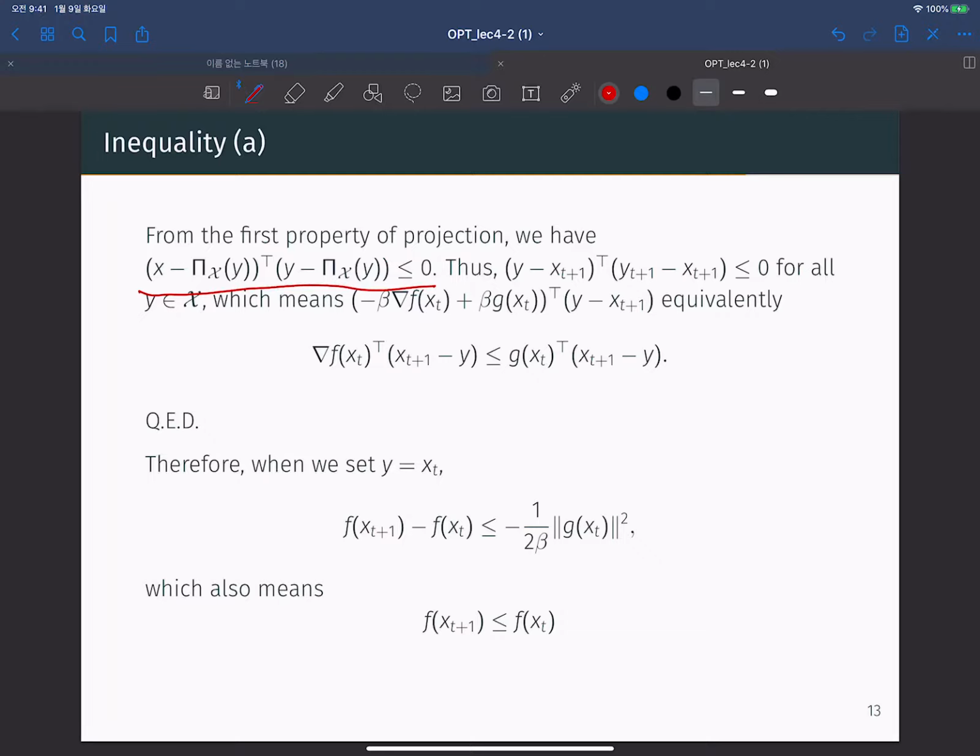Since x_{t+1} is equal to the projection onto X of y_{t+1}, using this first property of projection, we have this for all y in your constraint set X. So you can replace this one by this.